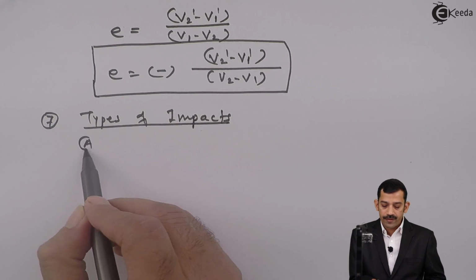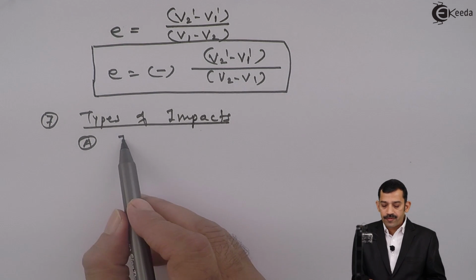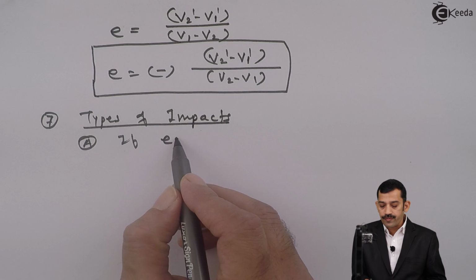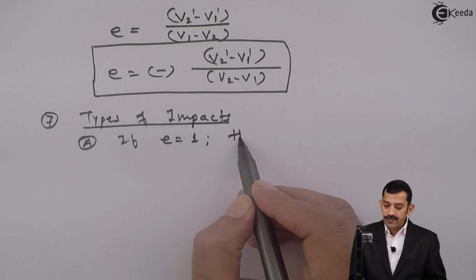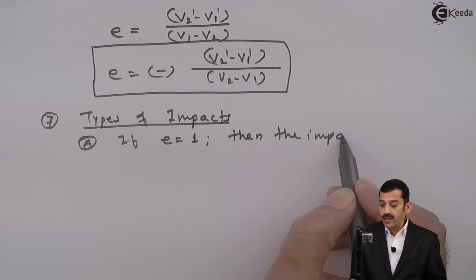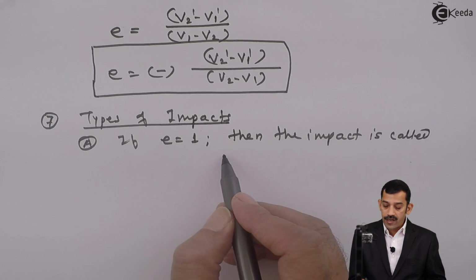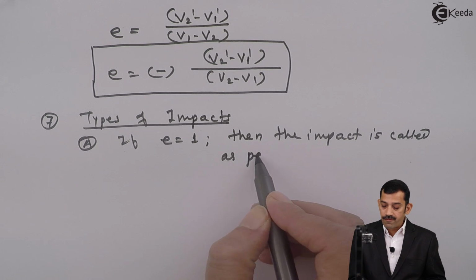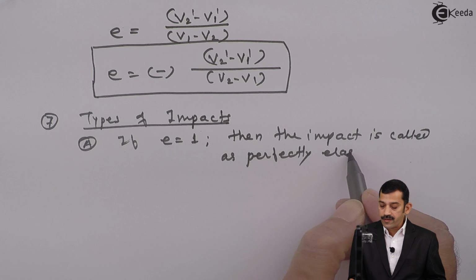In that, number 1, that means the first case, A: if E equal to 1, that means if the coefficient of restitution equals 1, then the impact is called perfectly elastic impact.